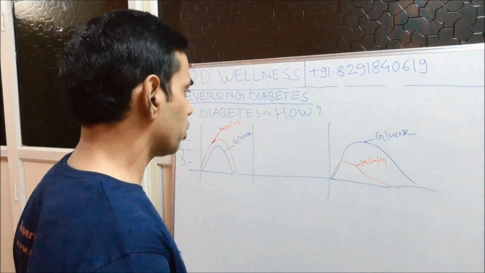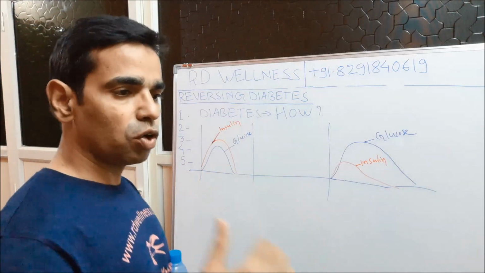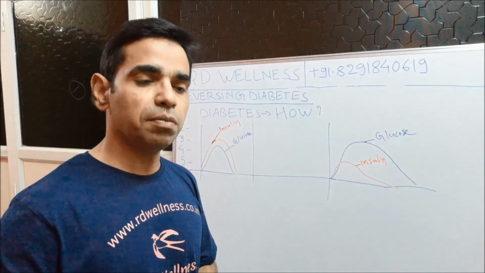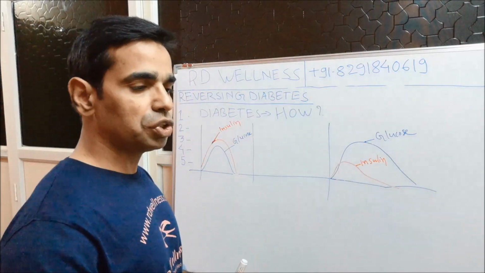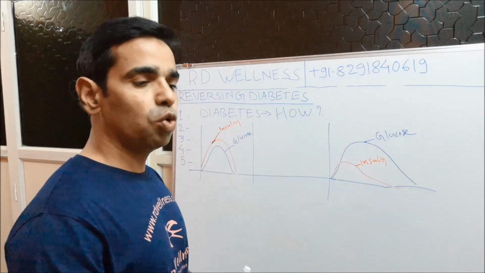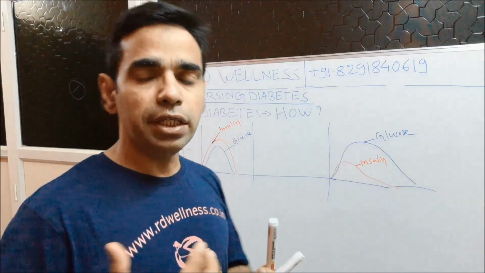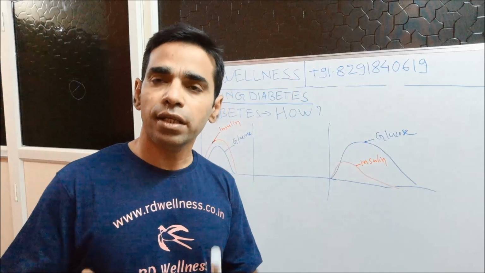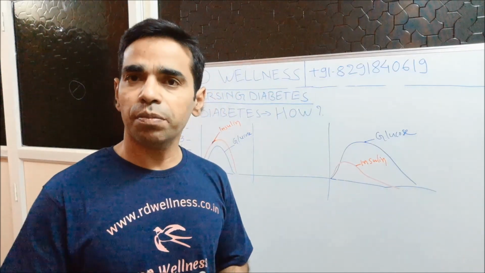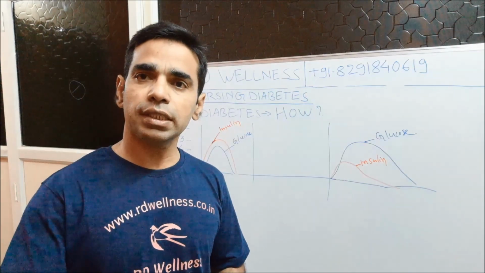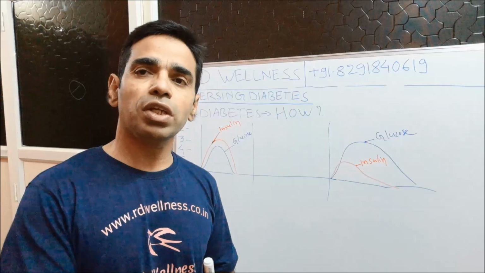But very quickly what happens is, over time, when one, two or more of these three steps start misbehaving, the body is forced to do more when it comes to releasing insulin, because as I told you, insulin is the main thing that leads to removal of sugar. If sugar is not going out, what will happen? The natural reaction of the body is that it will accelerate the release of insulin.